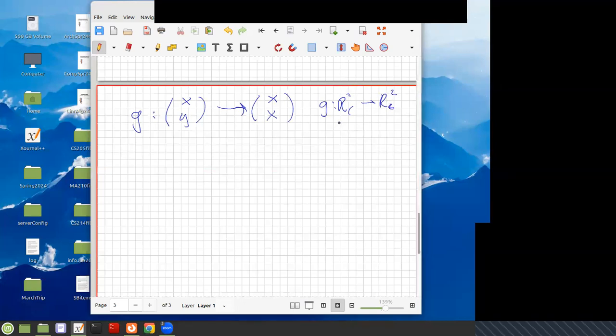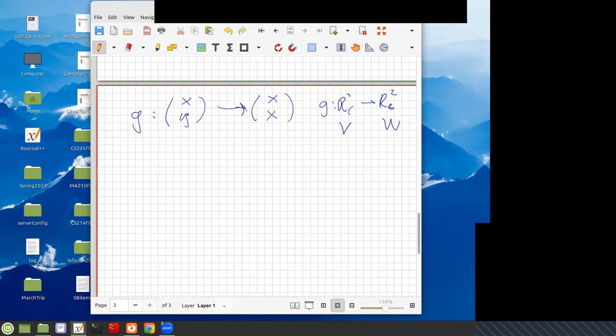So G is a map from R^2 to R^2. The domain is the two-component vectors. The codomain we're going to think of as different, even though it's the same space.